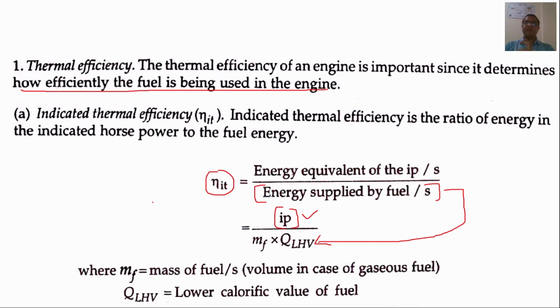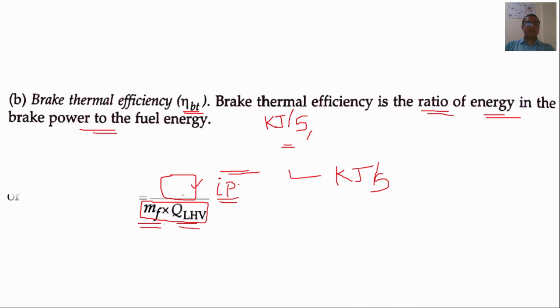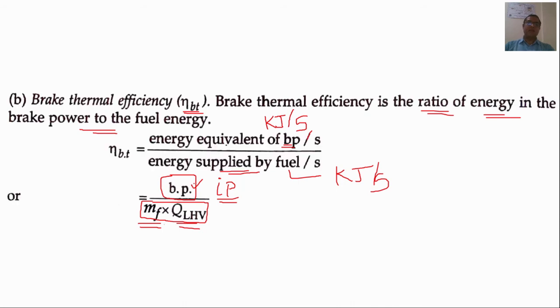So input remains same, which is energy supplied by fuel. Only change is output. If in numerator we use IP, then it is indicated thermal efficiency, and if we use BP, then it is break thermal efficiency. So this is the concept about the indicated thermal efficiency and break thermal efficiency.